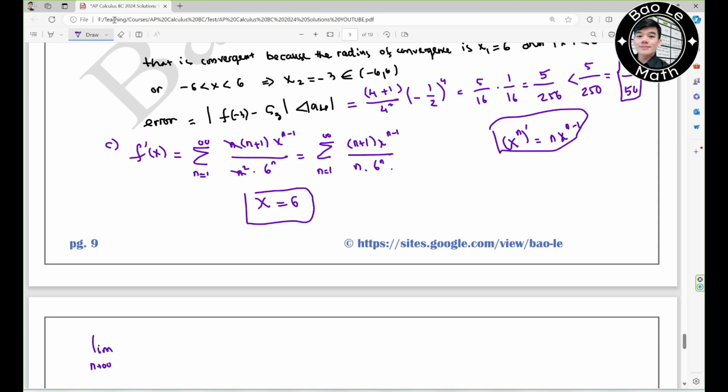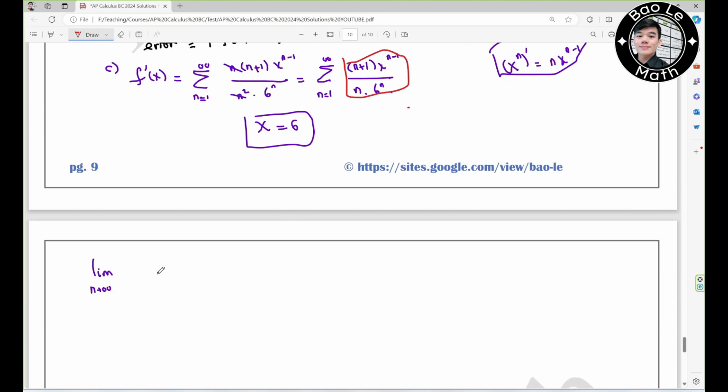So we're going to do this guy. Alright, so we put it on the bottom: n plus 1 times s to the n minus 1 over n times 6 to the n.